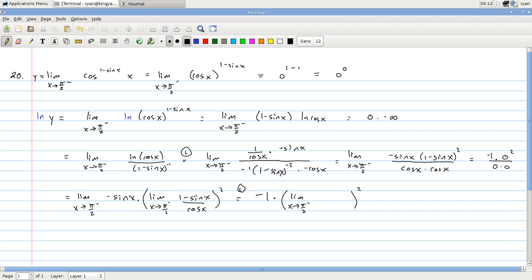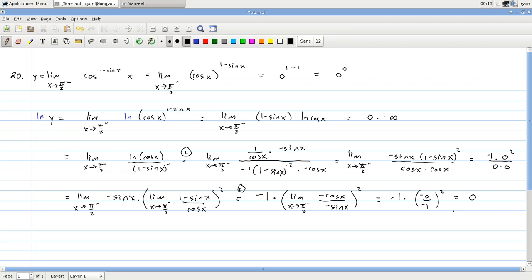The derivative of the numerator is negative cosine x. The derivative of the denominator is negative sine x. And if we try this by direct substitution, cosine of pi over 2 is 0, sine of pi over 2 is 1, and we're squaring this, and so we get 0.